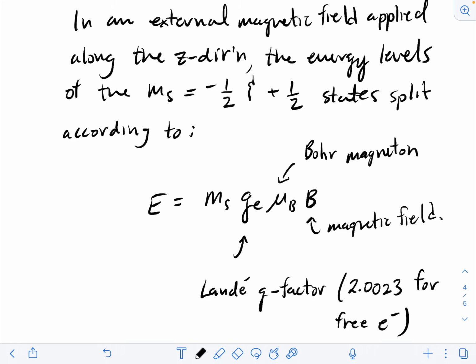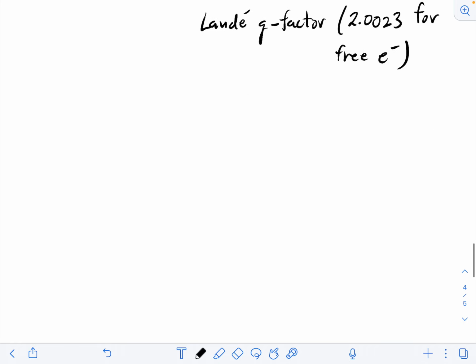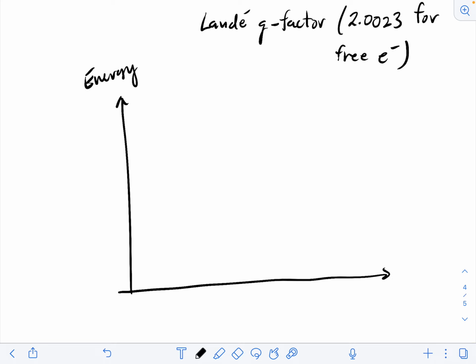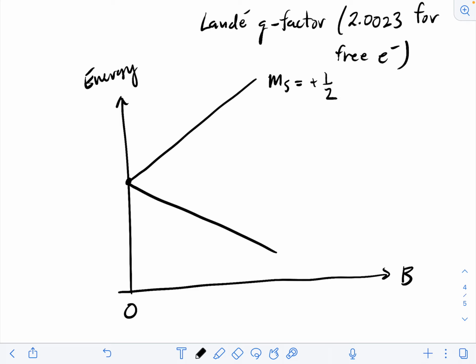And so as a picture, we could draw the energy of these two levels as a function of the strength of the external magnetic field. So at 0 magnetic field, those states are degenerate, they have the same energy, but then they split, and the splitting gets larger and larger as B gets larger and larger. And this is the plus 1/2 state, and this is the minus 1/2 state.